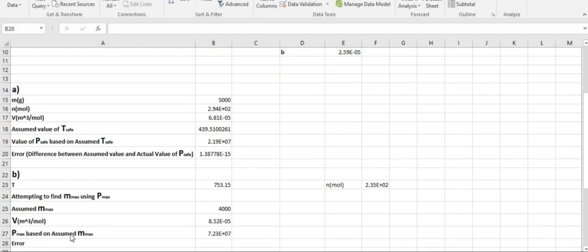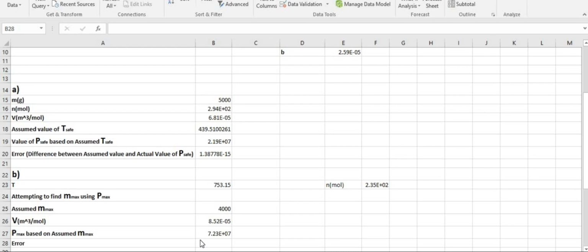Now remember that we are comparing this value with the value of P max because the value of M max is supposed to go with the value of P max, because as the reactant mass increases, it implies that the value of our V decreases, and there's an inverse relationship between our P and our V.